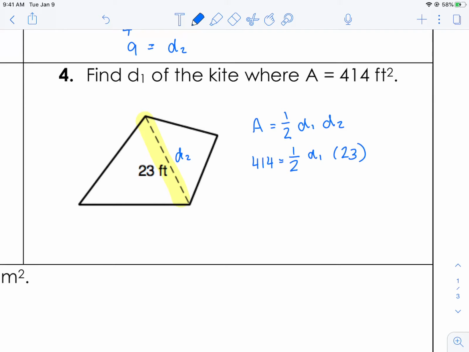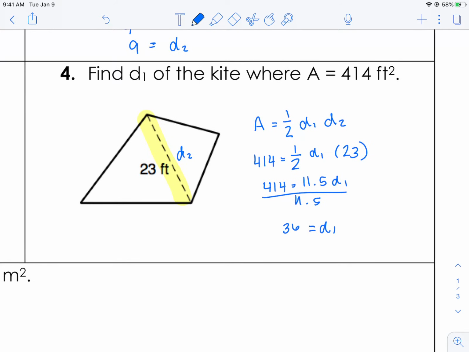So I'm going to do 1/2 times 23, and I get 11.5 times diagonal 1, and then I'm going to divide each side by 11.5. So I get diagonal 1 to be 36. Since that's just a diagonal, it's going to be in feet.